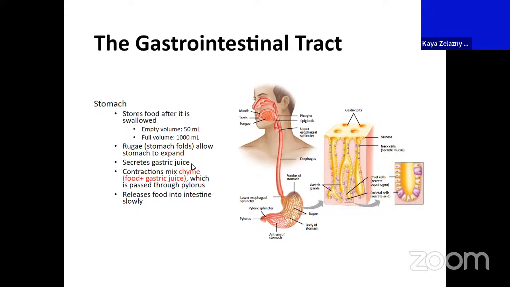Right, so stomach acid, stomach juice, has stuff in it coming out of these gastric pits. Your stomach is also going to have muscle in it that allows it to contract, to wiggle around, to move around, right?